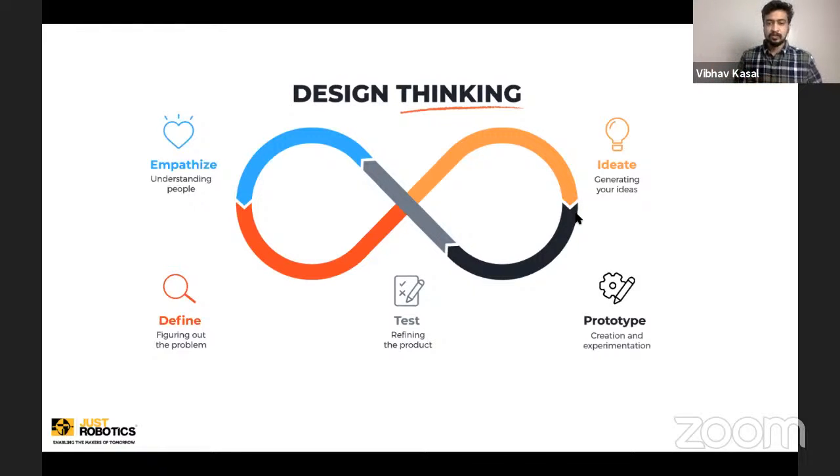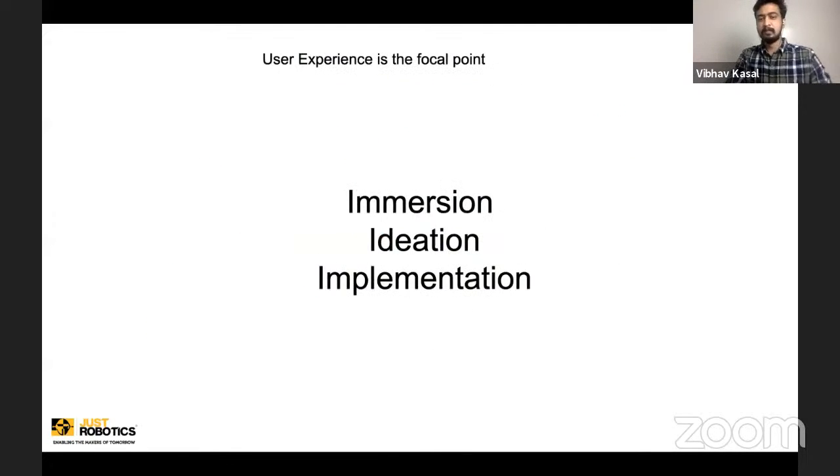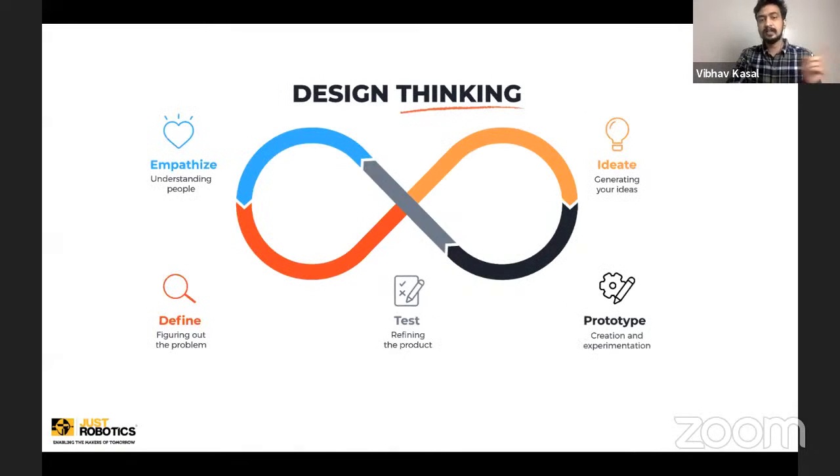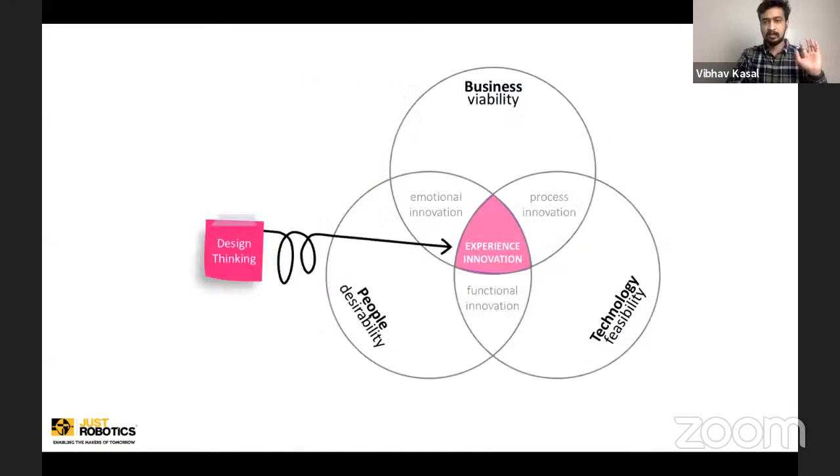So it is an iterative process, it is an evolving process, and from immersion to implementation, you can go back and forth and come up with the ideal solution. So that is the design thinking process on the whole.